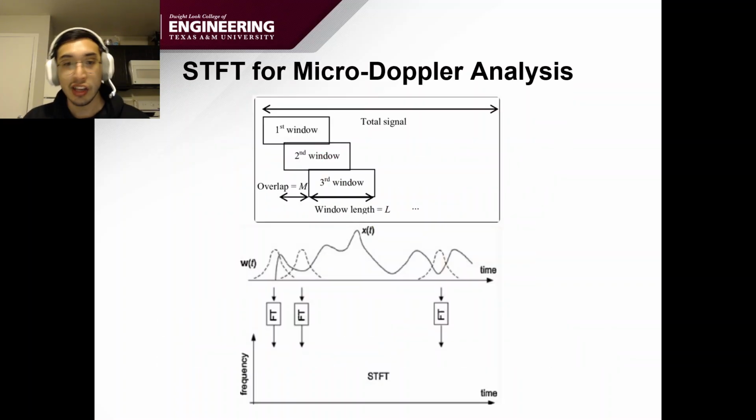As you can see here, you take the Fourier transform of the signal in a finite amount of time, and then move that window over a little bit, and then take it again. This allows us to create a spectrogram.